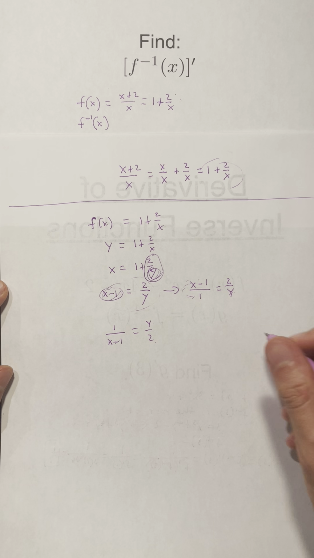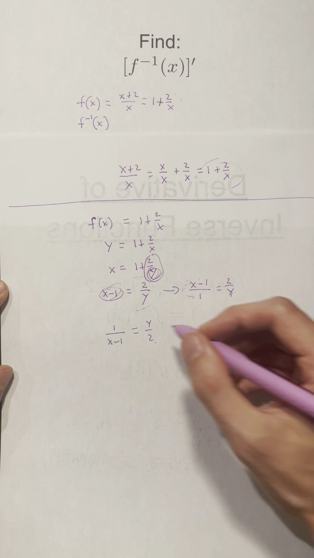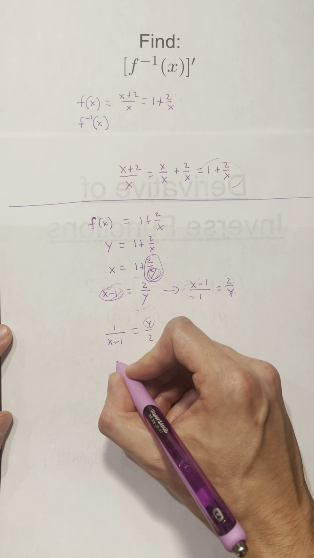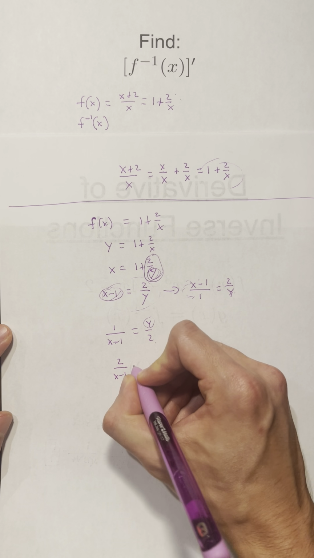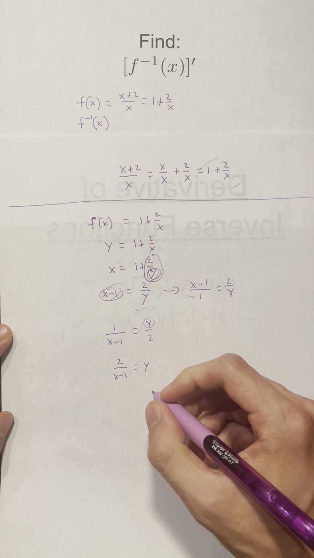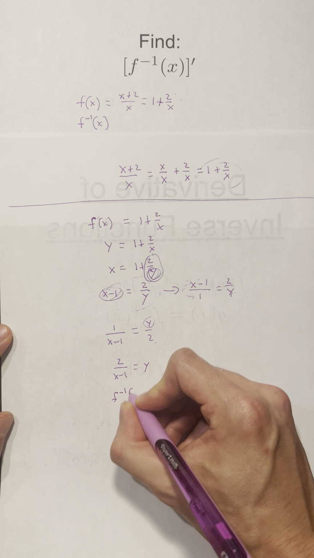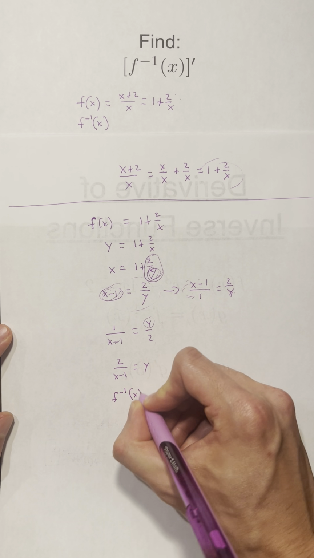Okay, let's keep our eyes on the ball. We still want to get y by itself, so what should I do to both sides of the equation? Multiply by 2. Okay, so that means f inverse of x equals 2 over x minus 1.